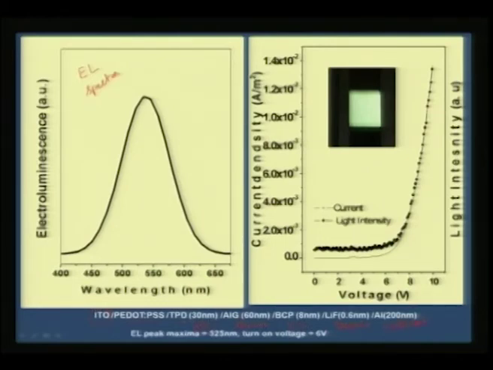In a device configuration like this, you can see that AIG is giving a nearly good green emission, and the current and light intensity curves go hand in hand with a turn on voltage somewhere around 6 volts, fairly good.